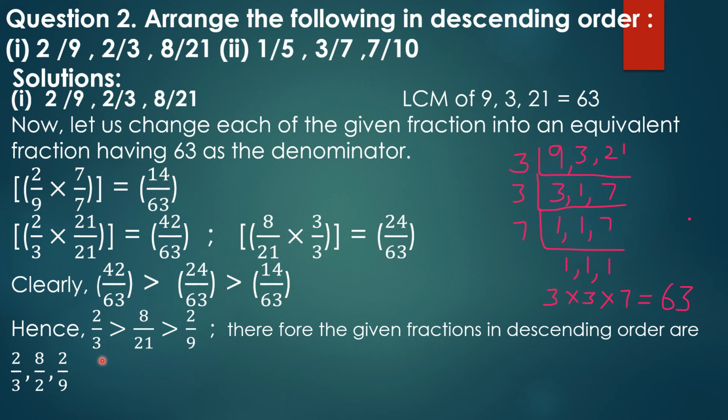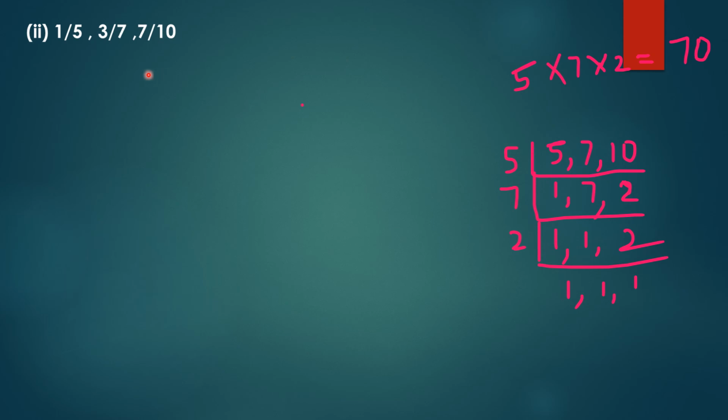Therefore, 2 by 3 is greater than 8 by 21, which is greater than 2 by 9. Therefore, we have arranged the given fractions in descending order. The descending order of the fractions is 2 by 3, comma, 8 by 21, comma, 2 by 9. The next given sub question is 1 by 5, comma, 3 by 7, comma, 7 by 10.